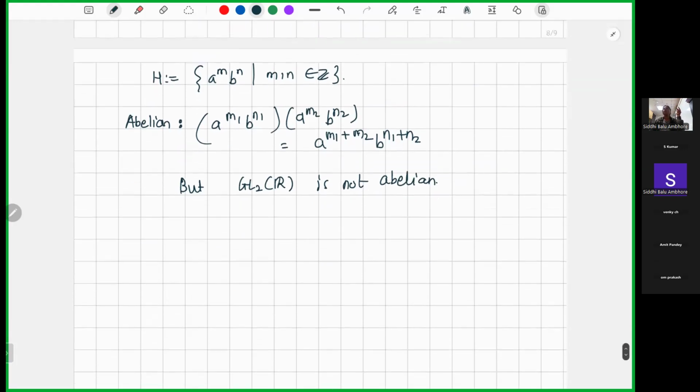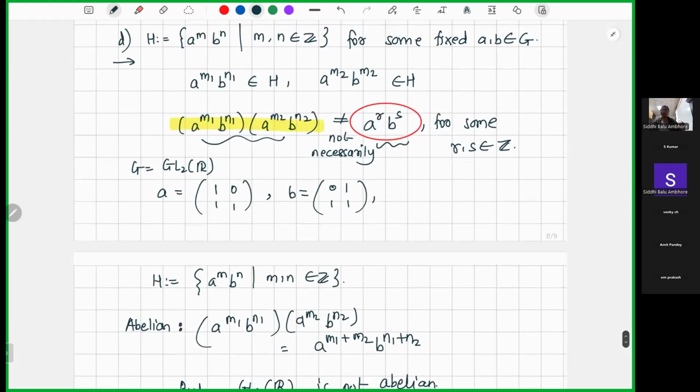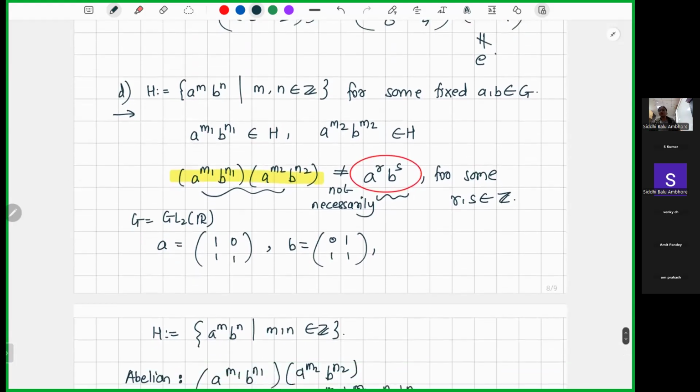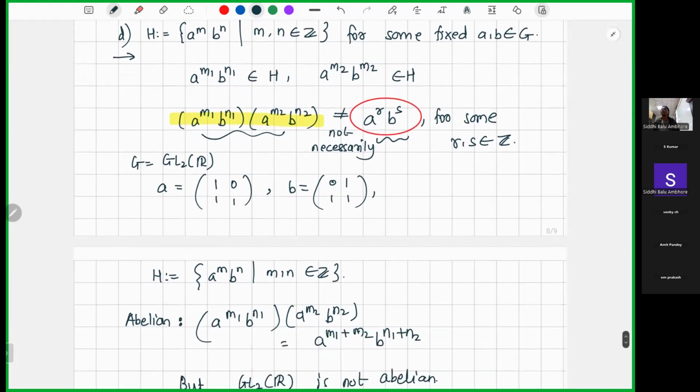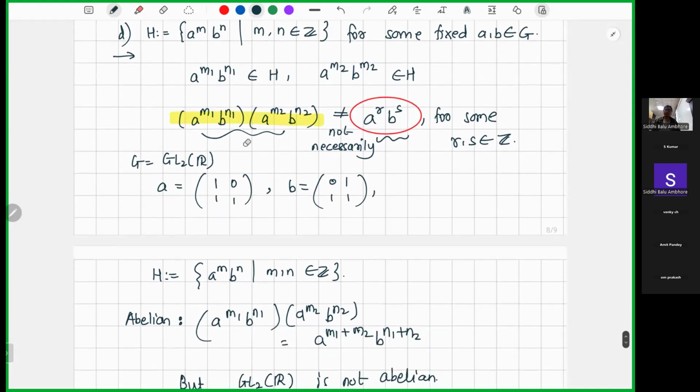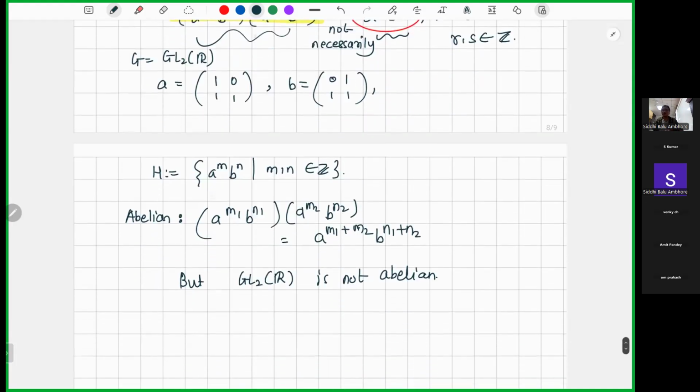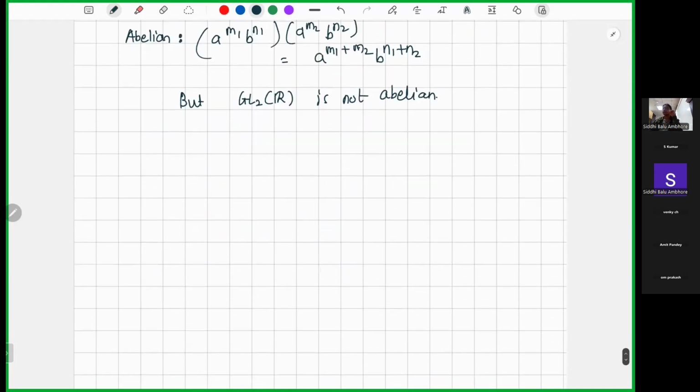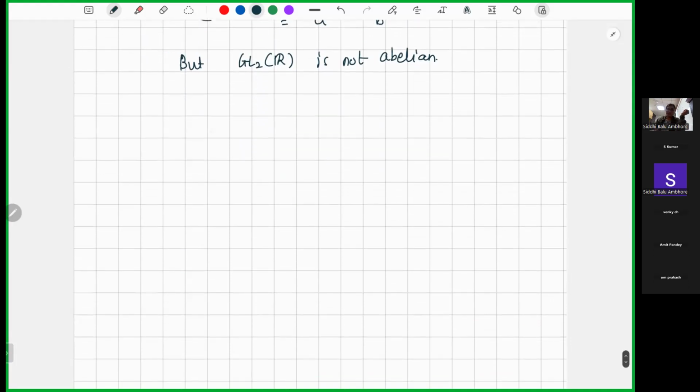And not only this, here order is not playing any role. So maybe you can try to find this in a group with finite order. That would also work. The order is not playing any role, so you can very well choose some group of finite order and try to find A and B such that when I take their product of this form, it does not give me some element of this form, A power R, B power S. Try to find such examples.